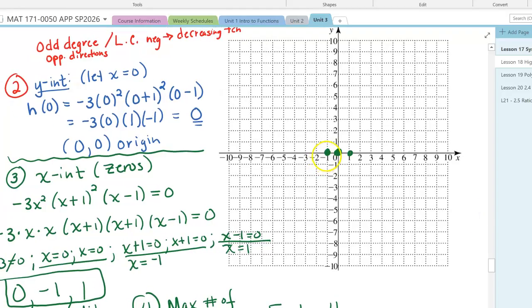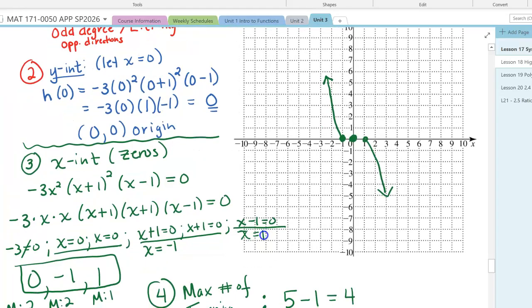So I know that since this is the last time it's going to touch the x-axis over here, it's going to come up here. And since I know it's only going to touch the x-axis at these 3 points, this is the end point for this side, and it's going to come down from here.